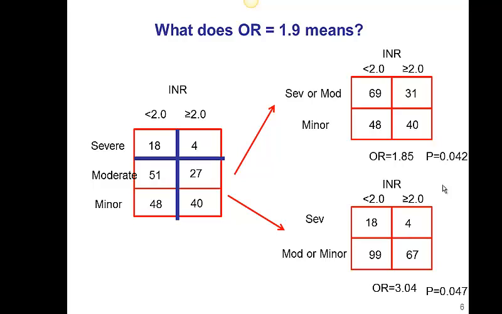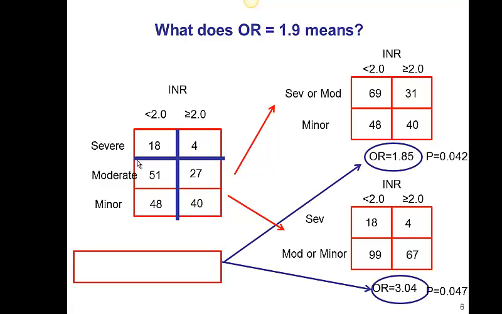Okay? And instead of showing these 2 odds ratios separately, because it's confusing, to say the odds ratio is 1.85 if you have a cutoff between moderate and severe, and by the way, the odds ratio becomes 3.04 if you use a cutoff between minor and moderate. So to make the story simple, why don't we take the average of the two odds ratios?